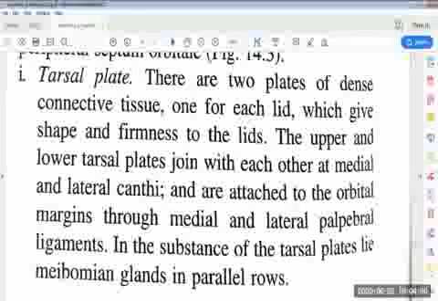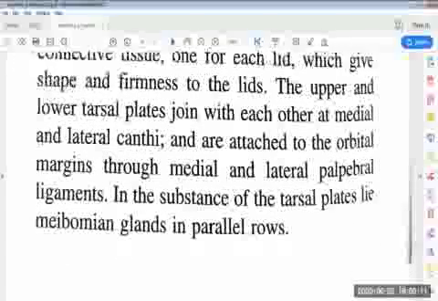The upper and lower tarsal plates join with each other at the medial and lateral canthus. These two plates join at the two canthi and are attached to the orbital margins through the medial and lateral palpebral ligaments. In the substance of the tarsal plates lie the meibomian glands in parallel rows.